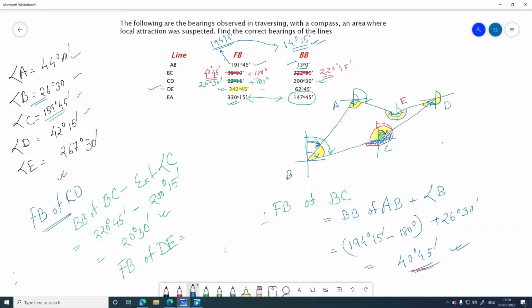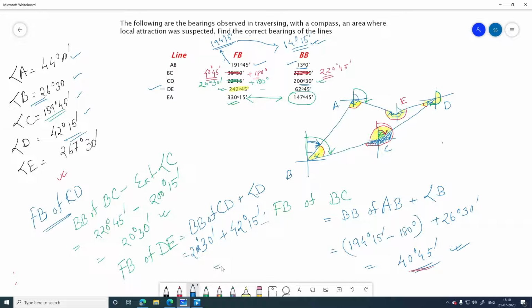So let's check. The forward bearing of DE will be back bearing of CD plus interior angle D. After correction, the back bearing of CD is 200 degree 30 minutes, plus angle D, that is 42 degree 15 minutes.